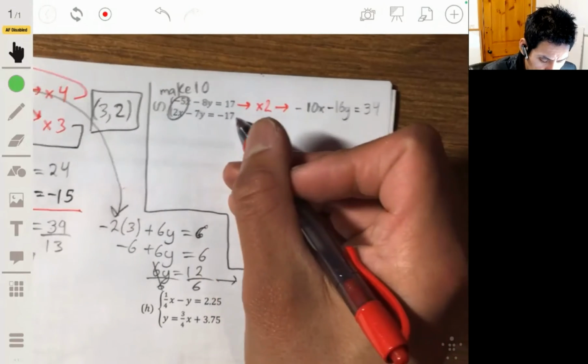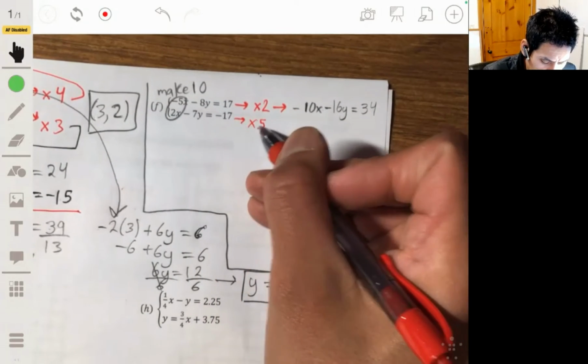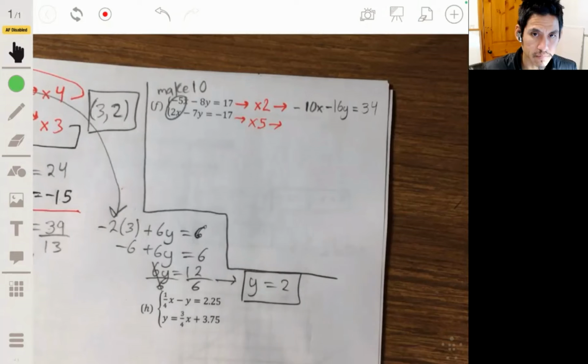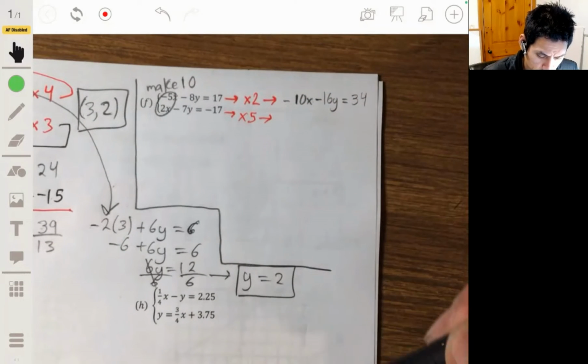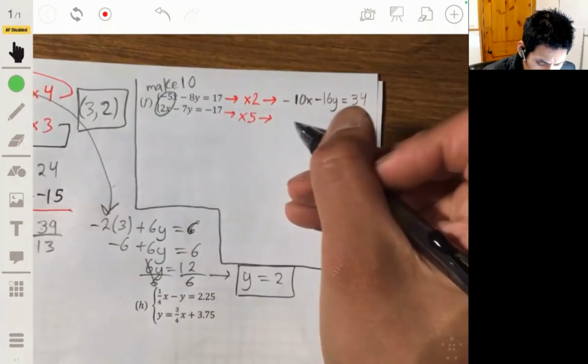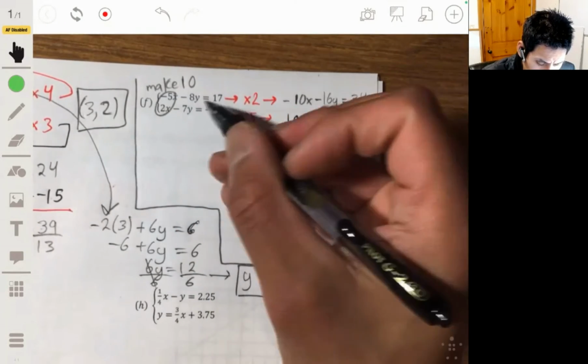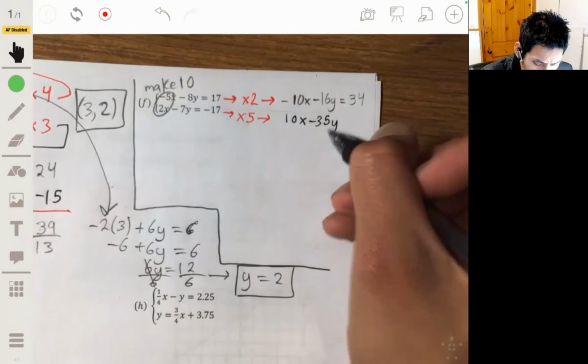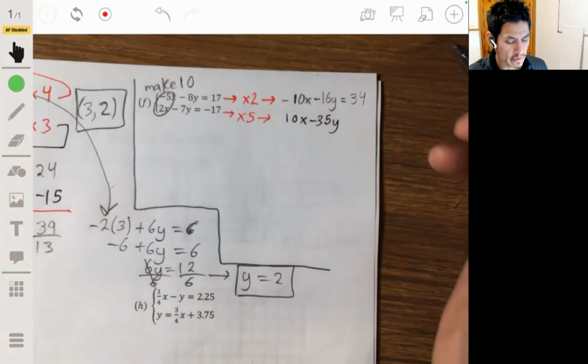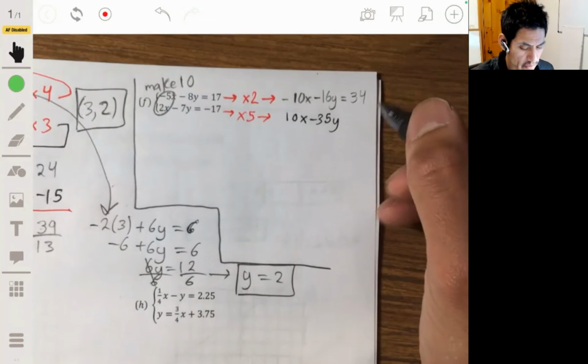The bottom one, I'm going to multiply by 5 to make it 10. So 10x, 5 times negative 7, negative 35y. 5 times negative 17, negative 85.